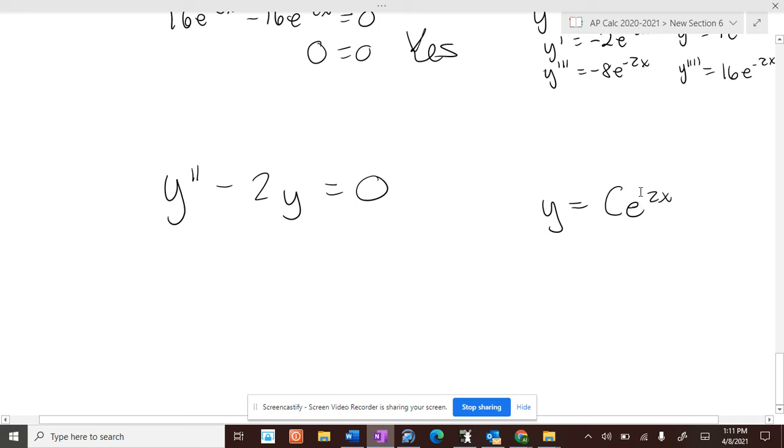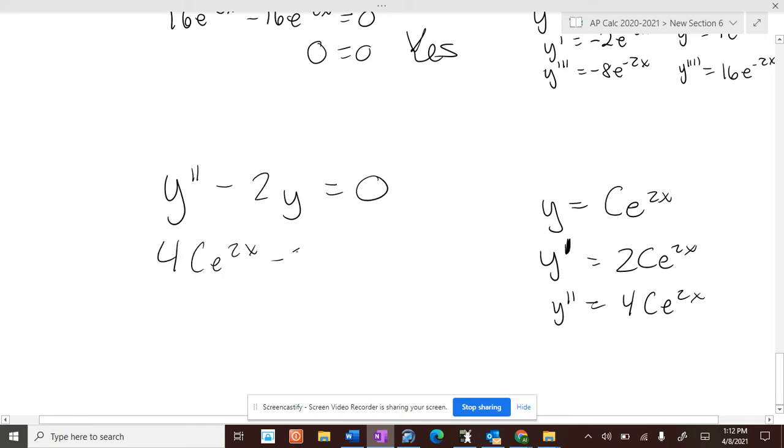The first derivative is 2ce to the 2x. The second derivative is 4ce to the 2x. So 4ce to the 2x minus 2 times ce to the 2x. Does that equal 0? No.